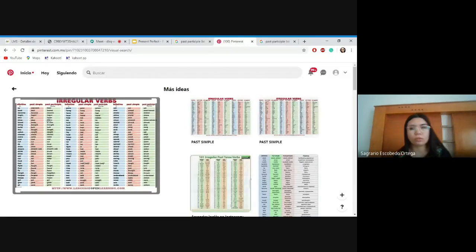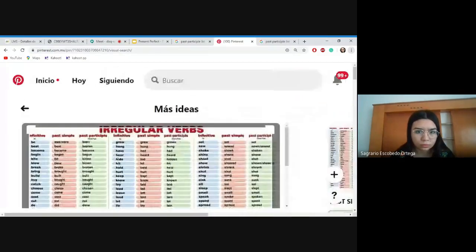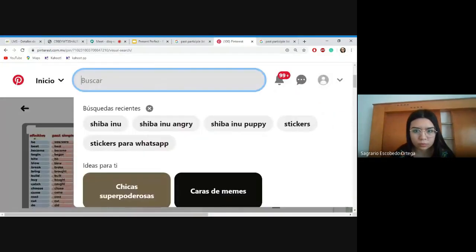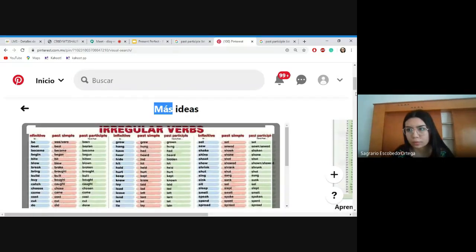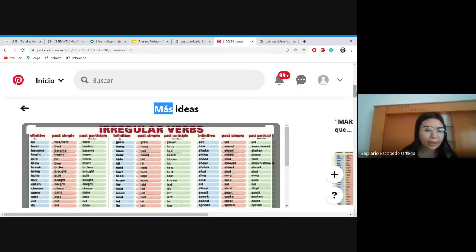For example, I have this verb: the base form will be bite, the past simple will be bit, but the past participle will be bitten. So for present perfect, we're going to use the verbs that are in this column, okay?